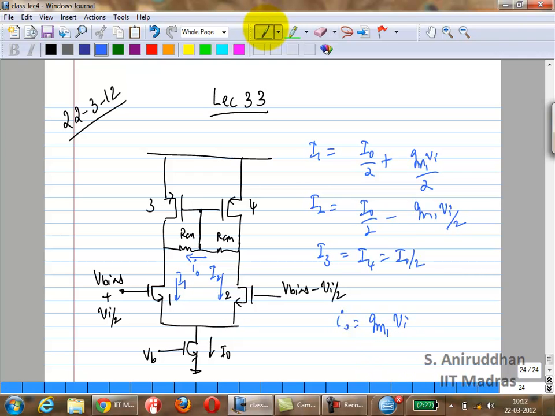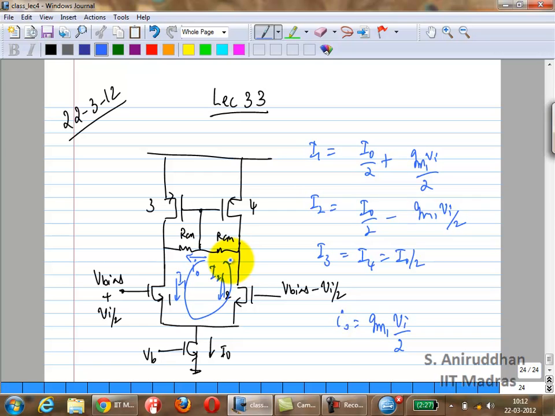Actually, in this case it is GM1 VI by 2. You have I0 by 2 flowing like this, so you just have a circulating current of GM1 VI by 2. That current just circulates like this.